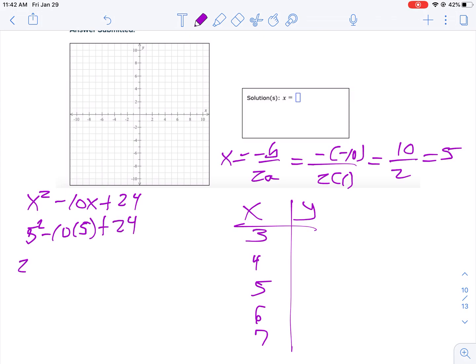So I get 25 minus 50 plus 24. 25 plus 24 is 49 minus 50, I'm sorry, my brain went to the answer, which is negative 1. So I go over 5 and I go down 1.